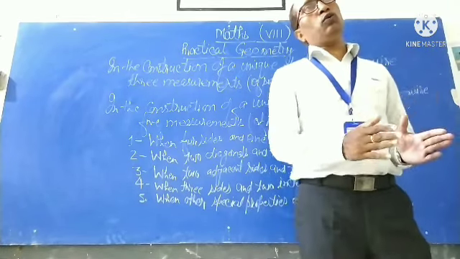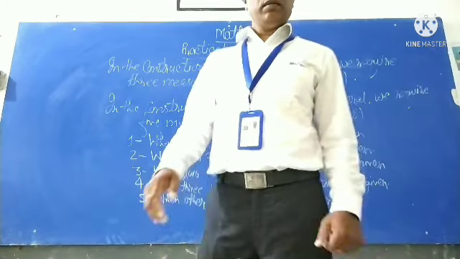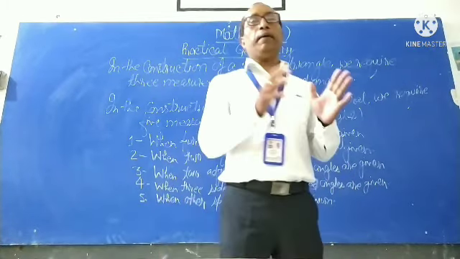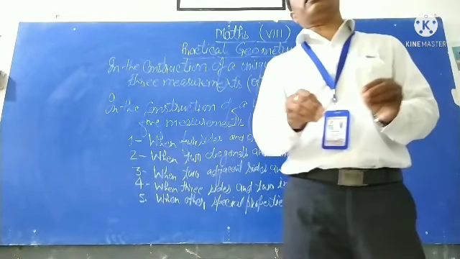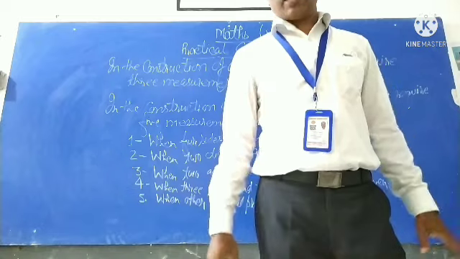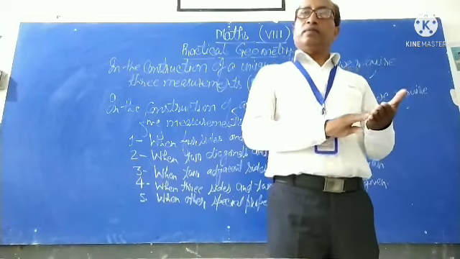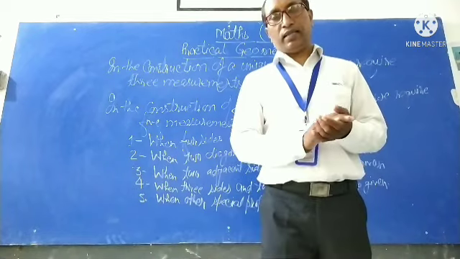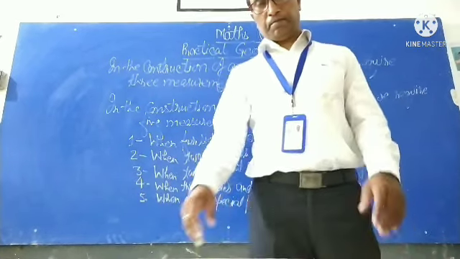If you have 3 measurements of a triangle, sides or angles, then you are able to construct a triangle.